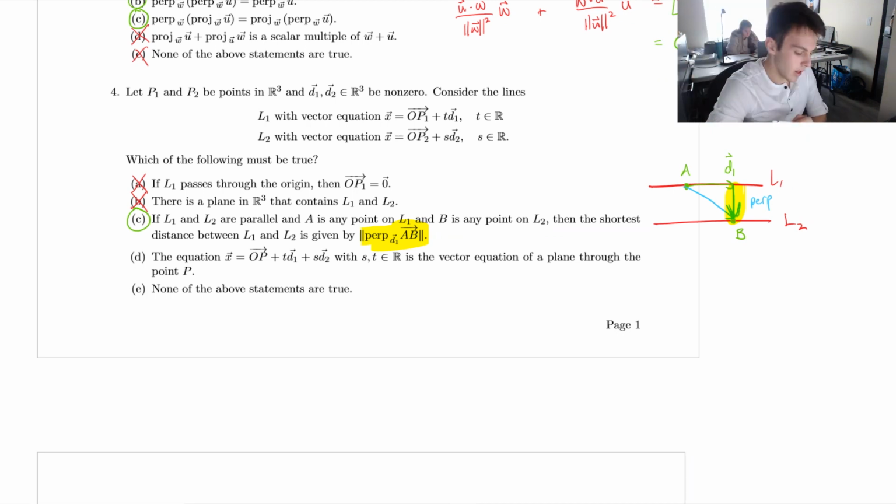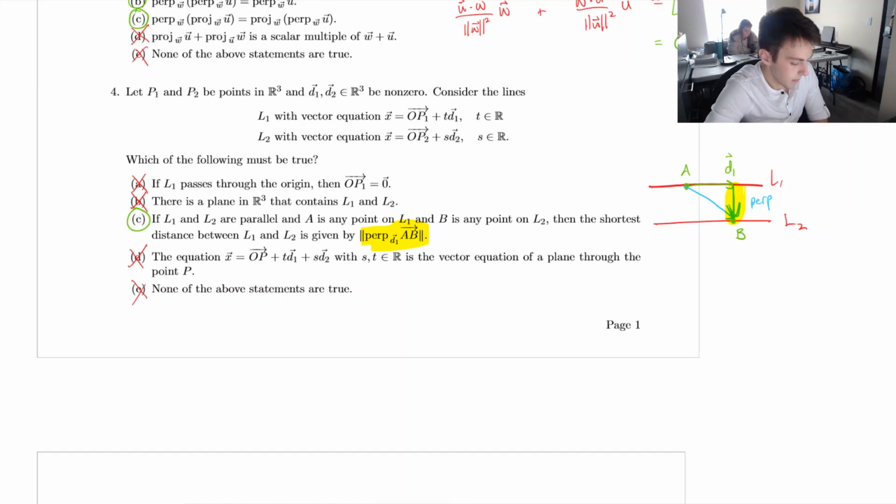If D1 and D2 were different directions, this would be true, but we aren't told that in the question, it's not specific enough. So for that reason, this one is false, meaning that 4C is the only correct answer here.